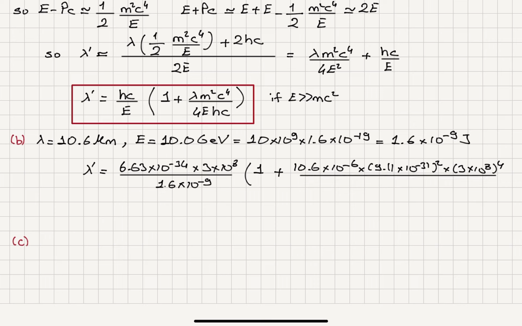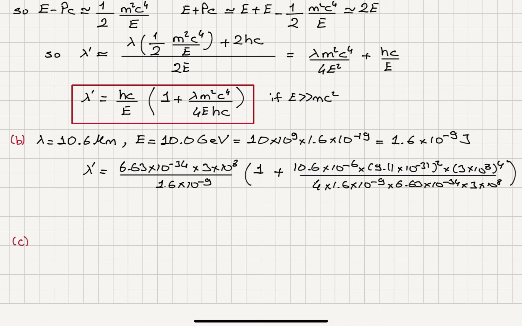So that's 4 times 1.6 times 10 to the minus 9 joules, Planck's constant 6.63 times 10 to the minus 34 joule seconds, and 3 times 10 to the 8 meters per second.